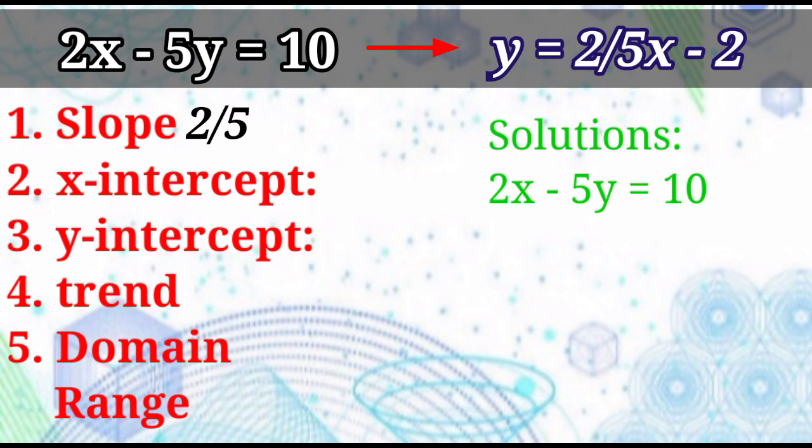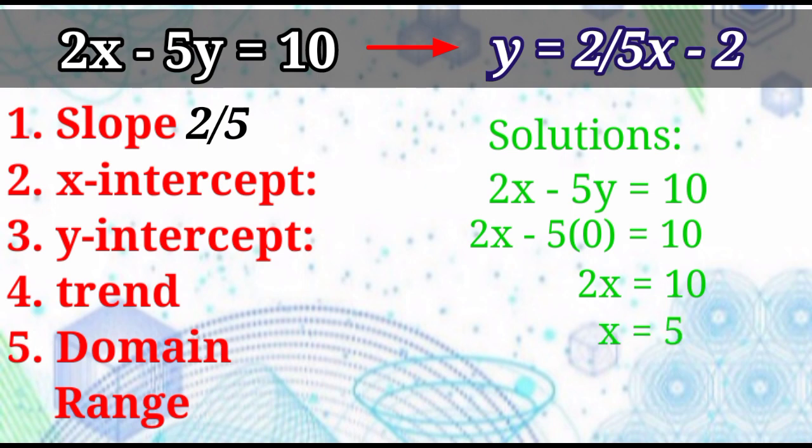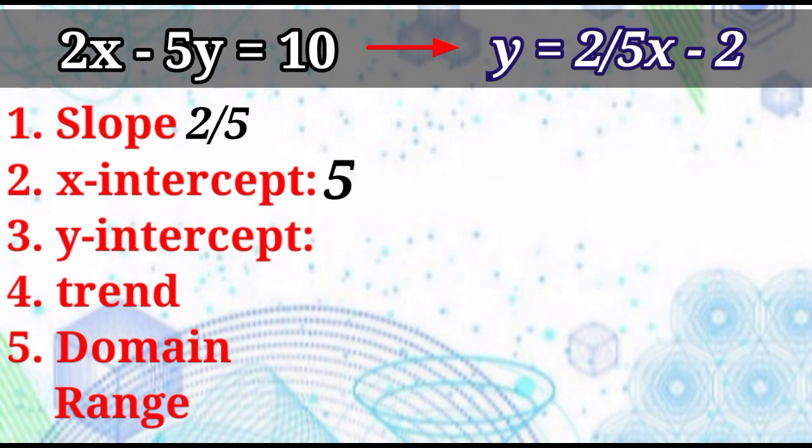Copy the equation, then substitute 0 to y. It will become 2x minus 5 times 0 is 0 equals 10. 2x equals 10. Divide both sides by 2. X is equal to 5. Therefore, the x-intercept is equal to 5.